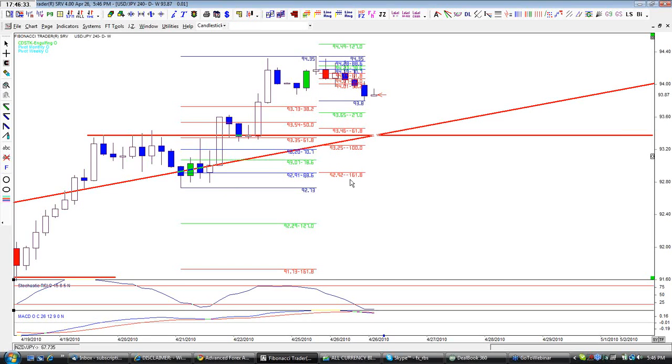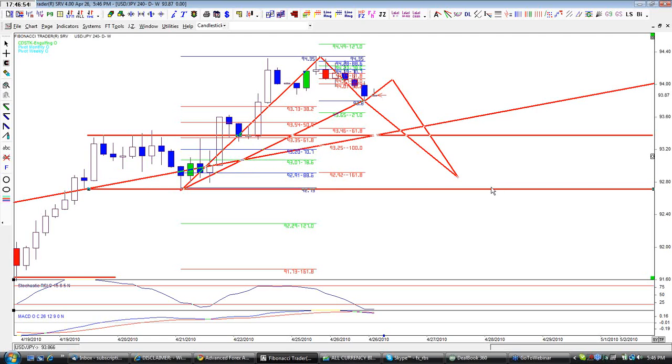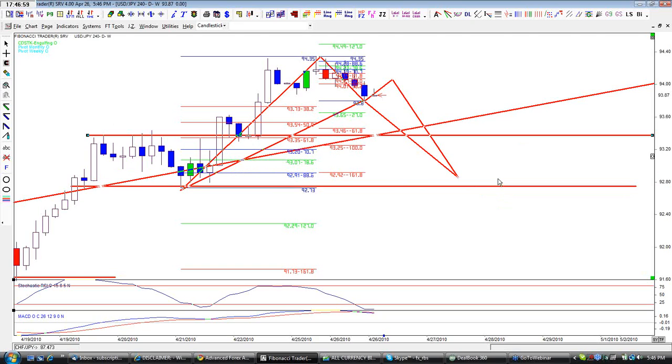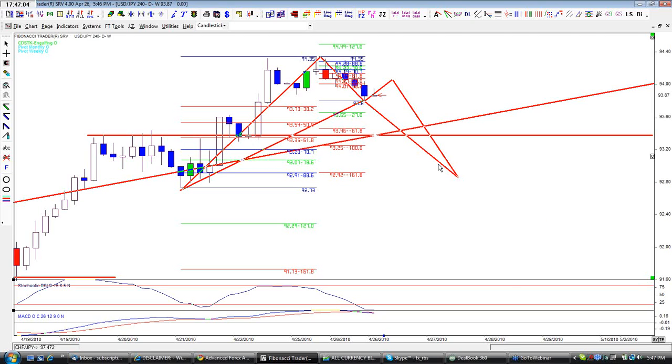Here we get this 886 with 1618 convergence for a bat. So the pattern might look something like this. And again, you see this consolidation, this support zone, price is inside. It gives us high probability of the pattern.